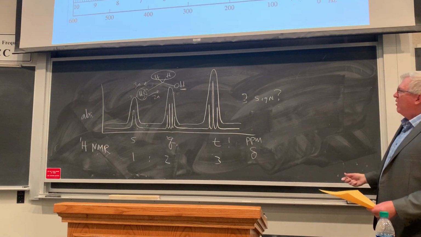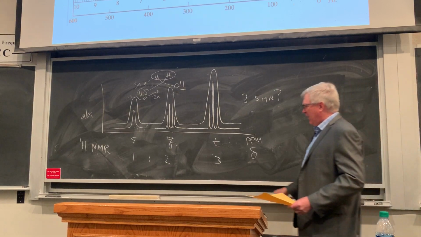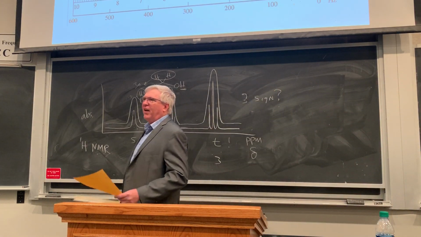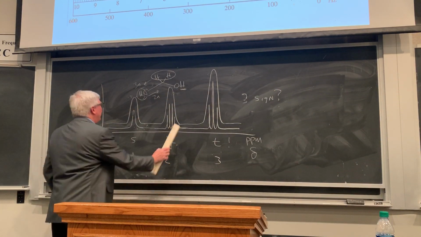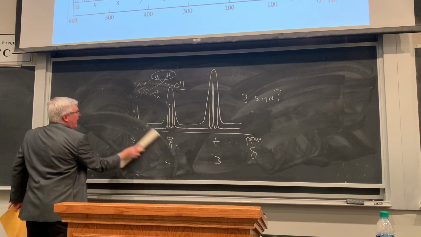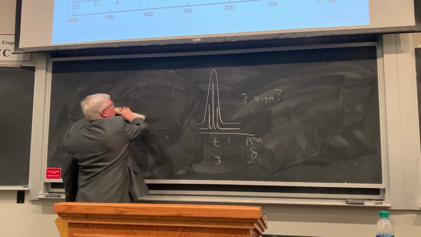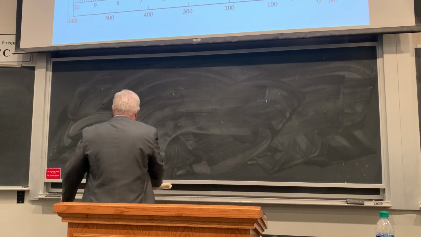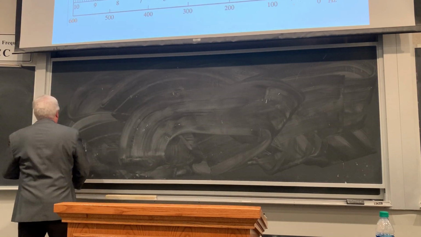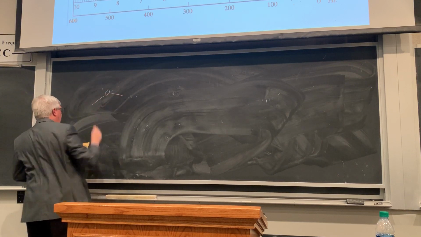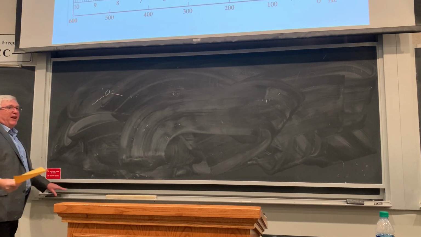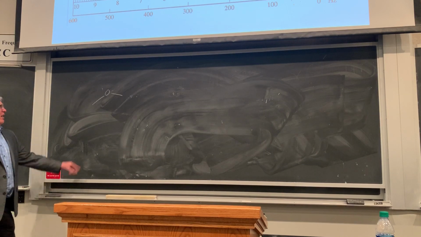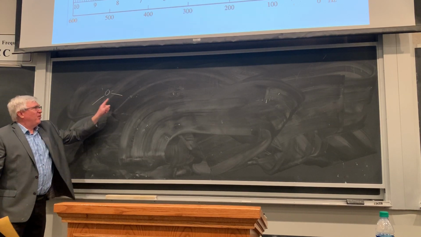So let's go back here and see how many sets we expect for different molecules. And let's take some time here to determine how many signals or how many non-equivalent sets we might have. What would we expect to see in the NMR before we go back and do a lot of interpretation here? So let's look at this molecule, which is just what? Dimethyl ether. And you'd say these 2 methyl groups are the same.